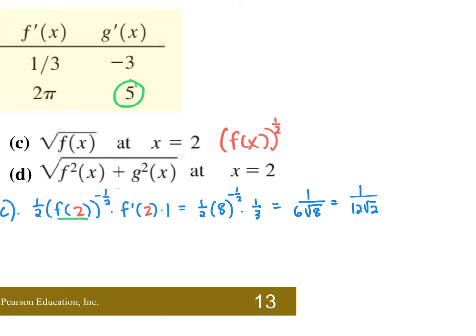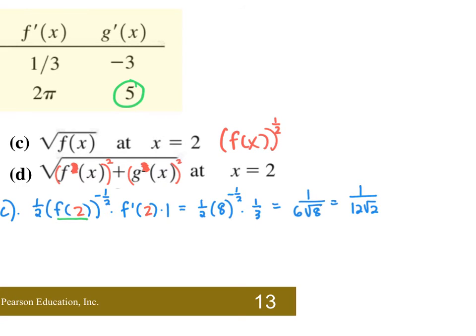For the very last one, we're going to need to rewrite that in parentheses several ways. So the first way is to get rid of the square and put parentheses around that, and get rid of the square on the g and put parentheses. Then, after that, you're also going to want to take care of the square root.